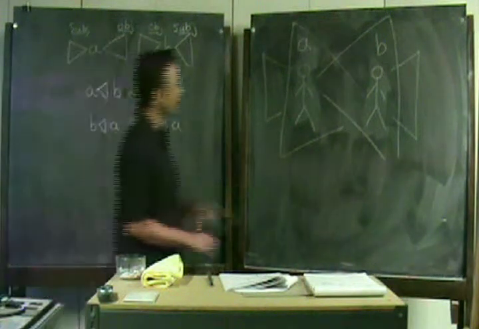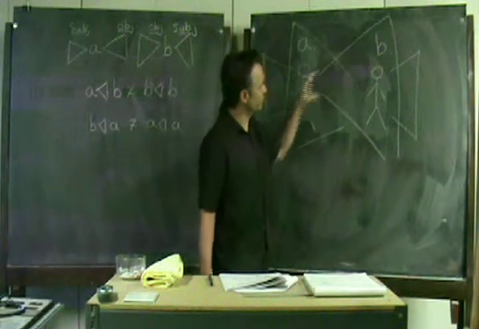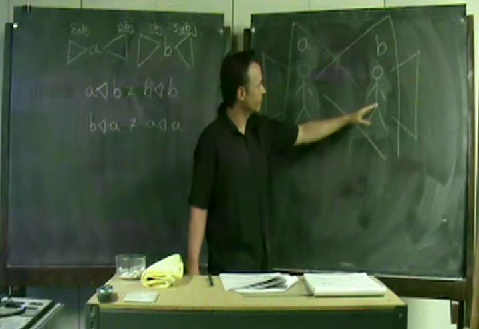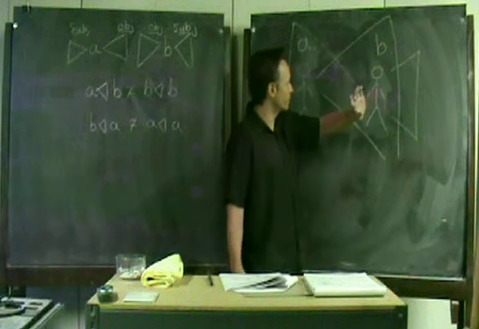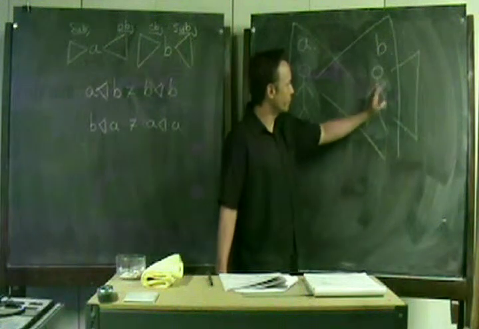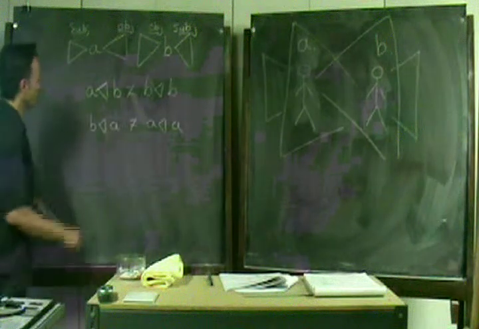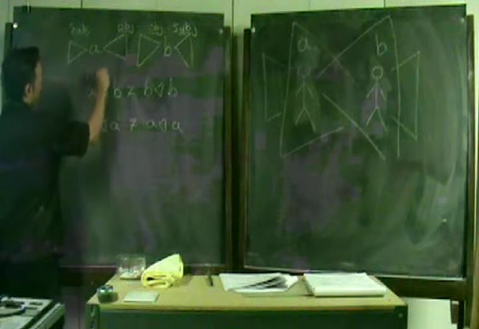So over here, this is the objective frame of reference of A's reference of B. And here is the subjective frame of reference of B's reference of B. However, we're going to go ahead and double these.